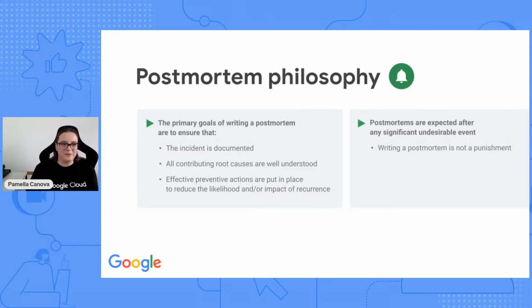And about the postmortem philosophy that we have. It's always important that the incident is very well documented and that we understand all the root causes and everything that happened, so we can explain it very clearly in the postmortem and not hide any information.